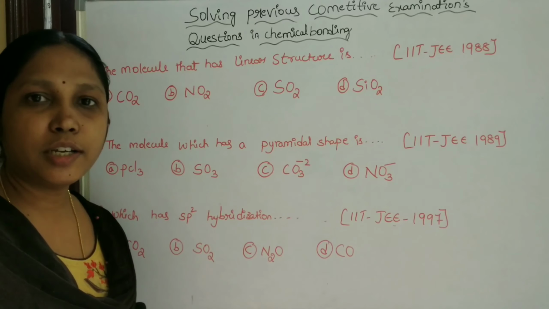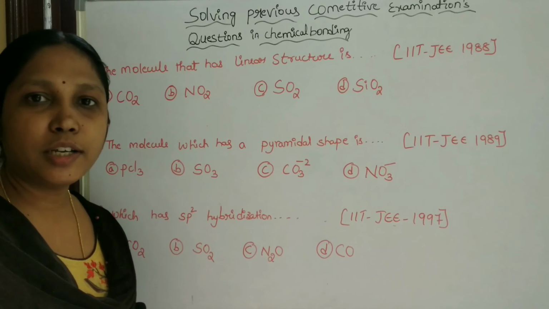That means SO2 has 2 bonded pairs and 1 lone pair. Total pairs are 3, so sp2 hybridized. The geometry is trigonal planar, but the shape is V-shaped, a bent shape.